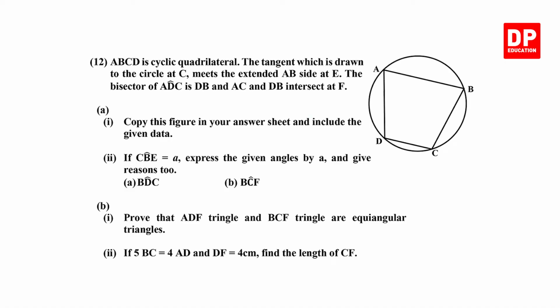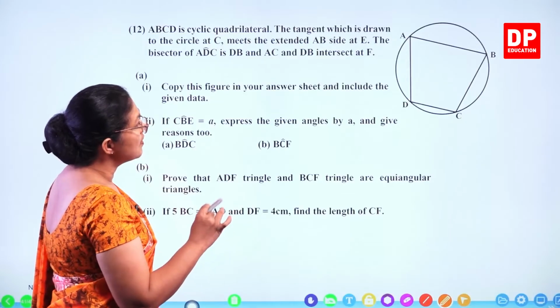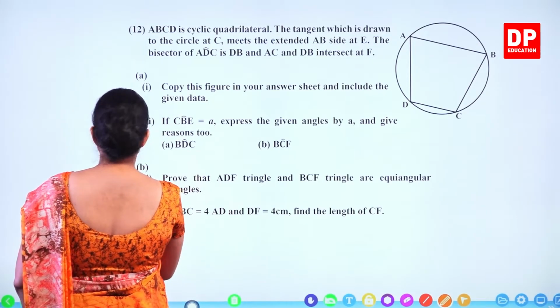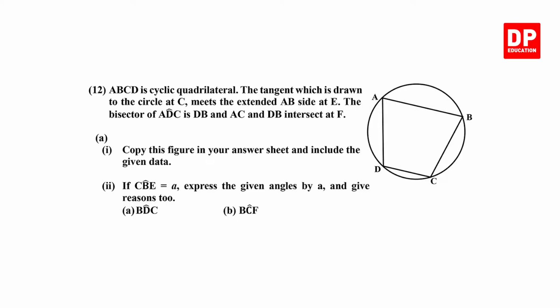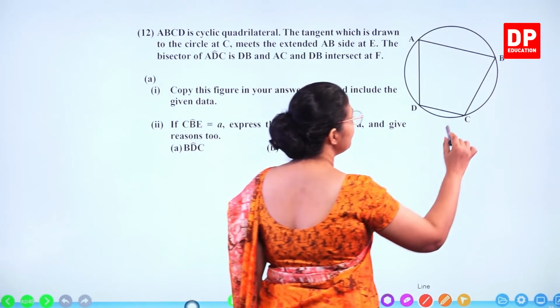Let's do the last question. This is all about proofs and circle theorems. ABCD is a cyclic quadrilateral. That means ABCD points are on the circle. The tangent which is drawn to the circle at C meets the extended AB. So let's do that.